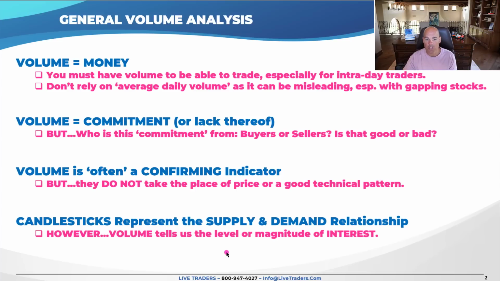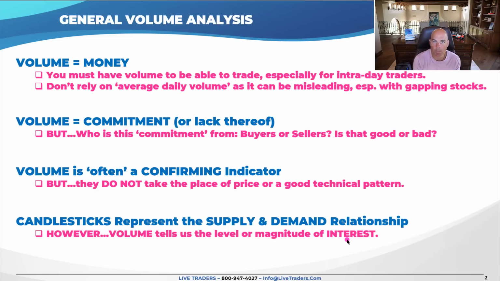Guys, I want you to take a screenshot or a picture of this last bullet point. Candlesticks represent the supply and demand relationship. However, volume tells us the level or magnitude of interest. So for example, Kaz just said a second ago, volume is how you can find institutional action.